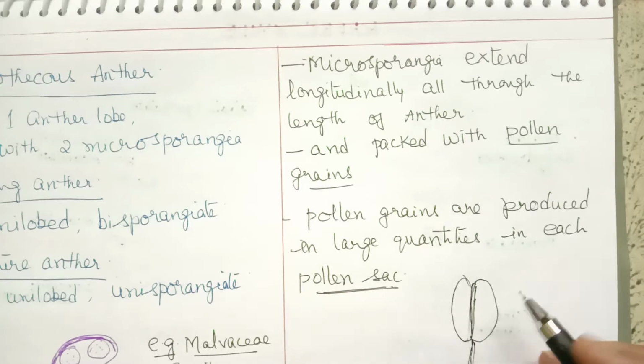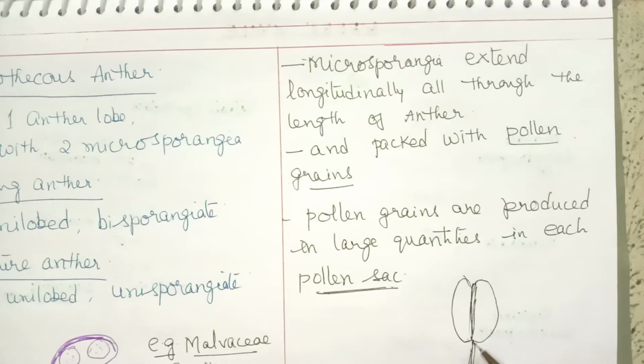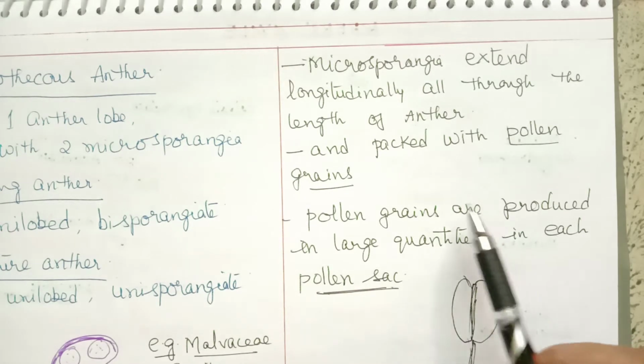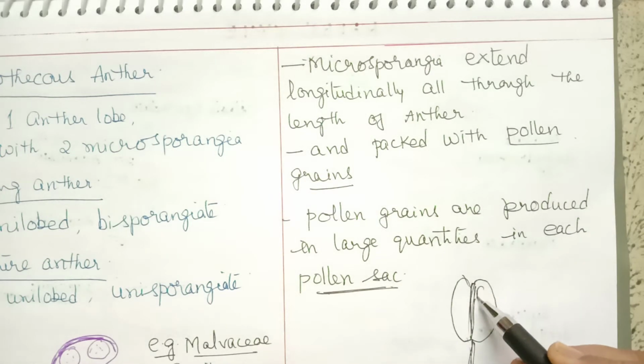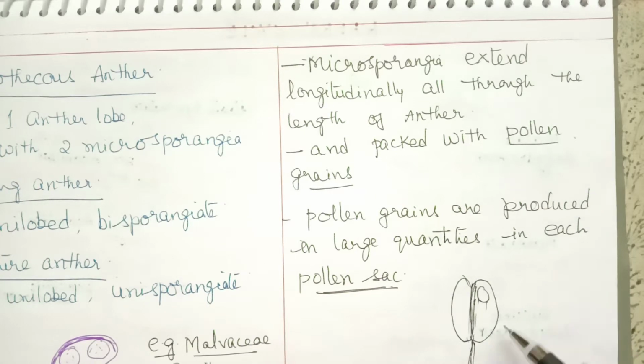All along the length of the anther lobe, if we see longitudinally, each anther lobe has two microsporangia extending longitudinally.